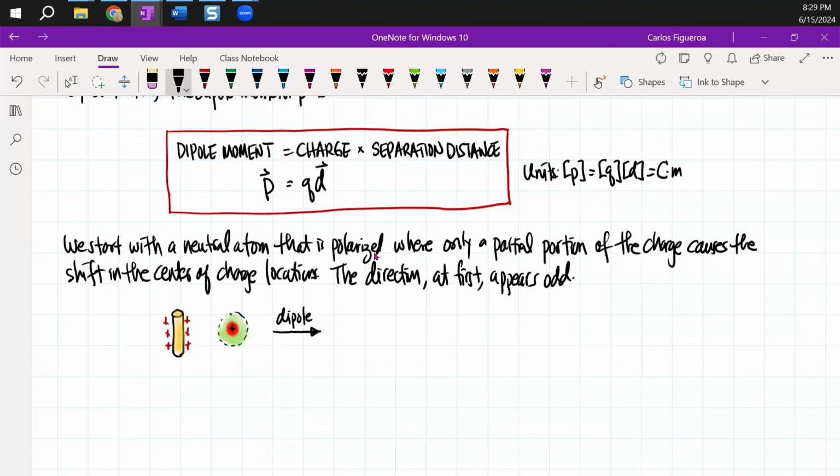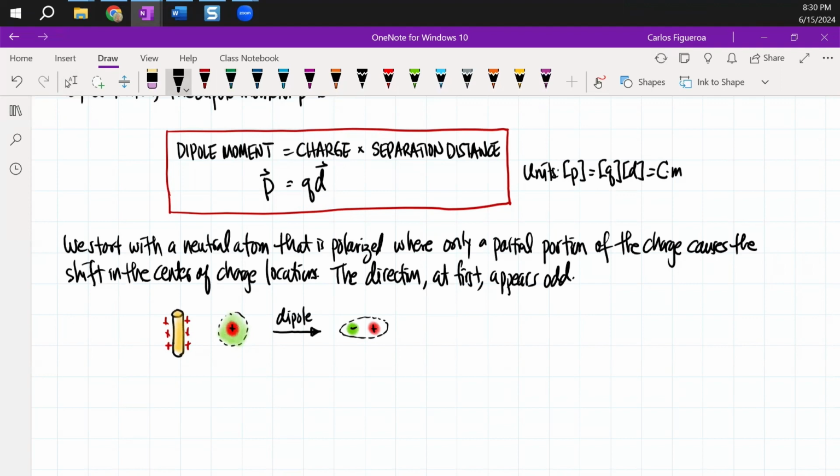So we get an asymmetric atom now, where the center of charges have shifted. So this will be negative and positive. The direction of the dipole moment is like this here.